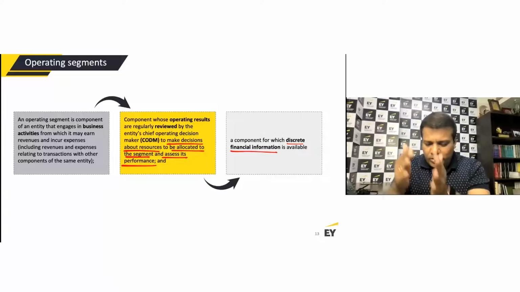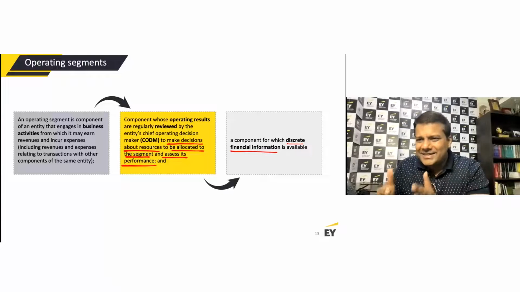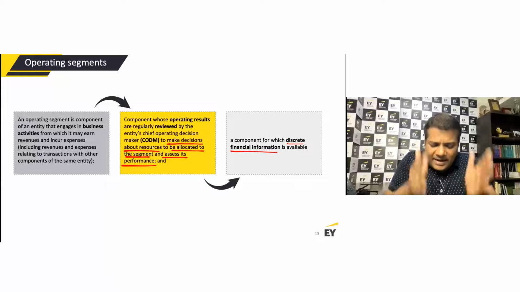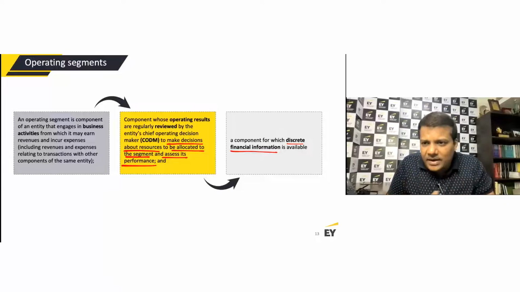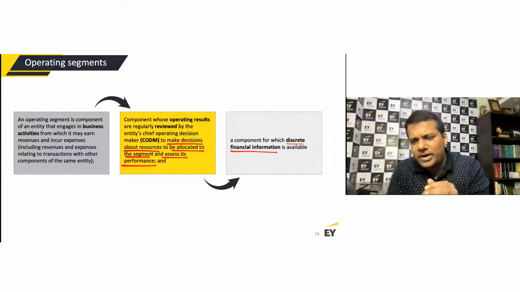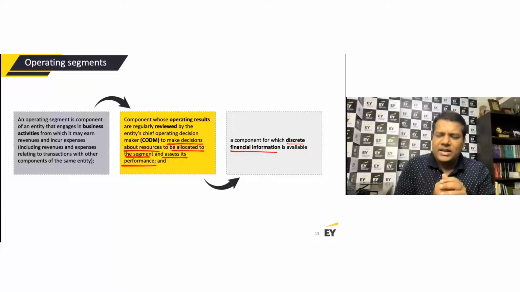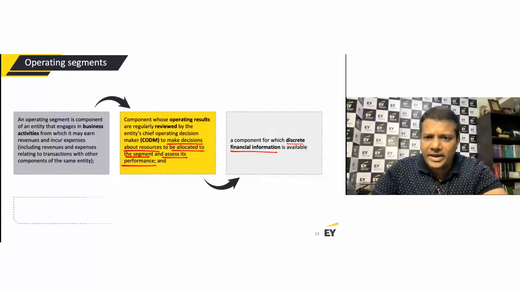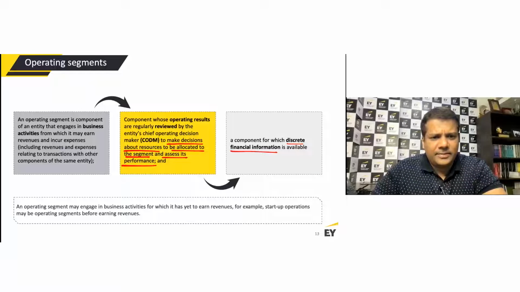And how will you do it? You need to have discrete financial information. That means that an independent P&L of that component or business unit needs to be available for it to qualify as an operating segment.